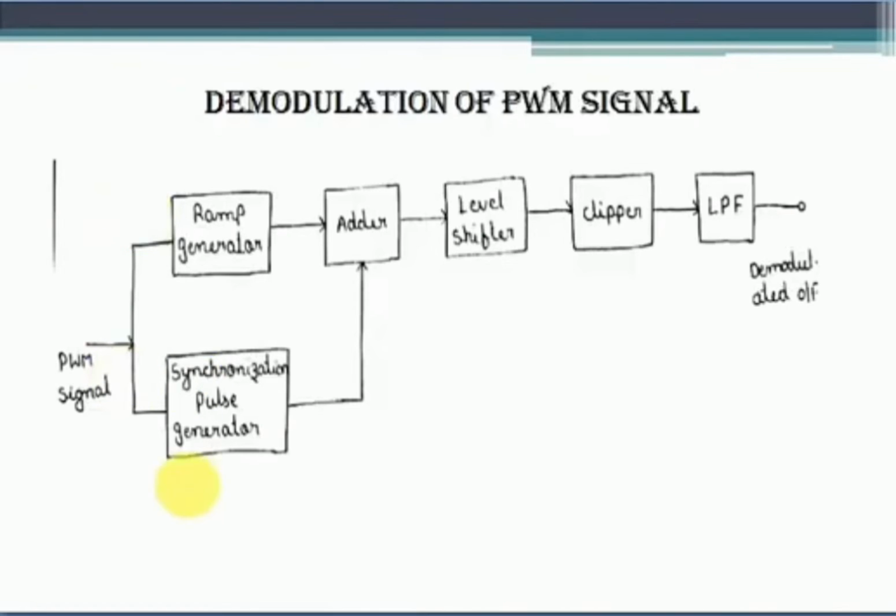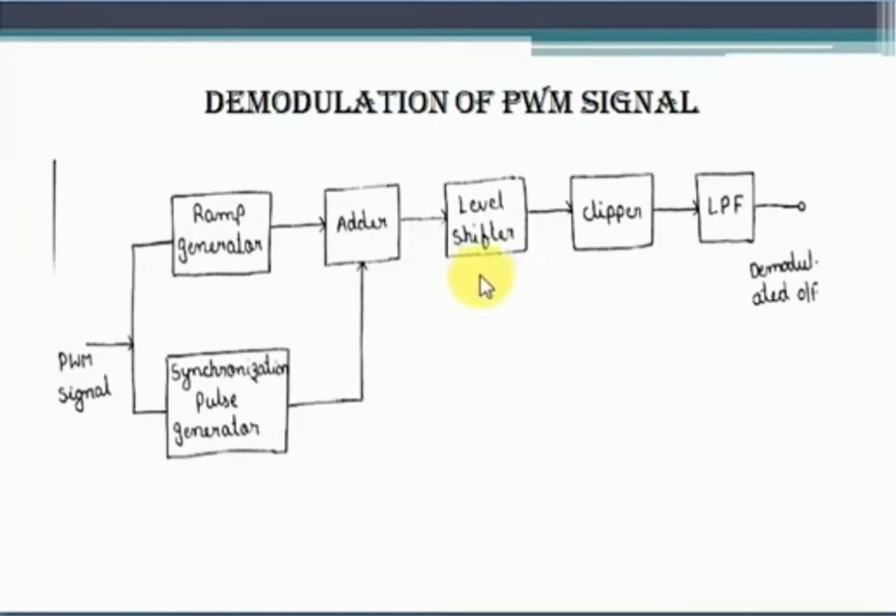Now these two signals are given to one simple adder circuit. Now what will the adder circuit do? This adder circuit will simply add the signals that are generated from the ramp generator circuit and the synchronization pulse generator circuit. After that, the output of the adder circuit is passed through the level shifter circuit.